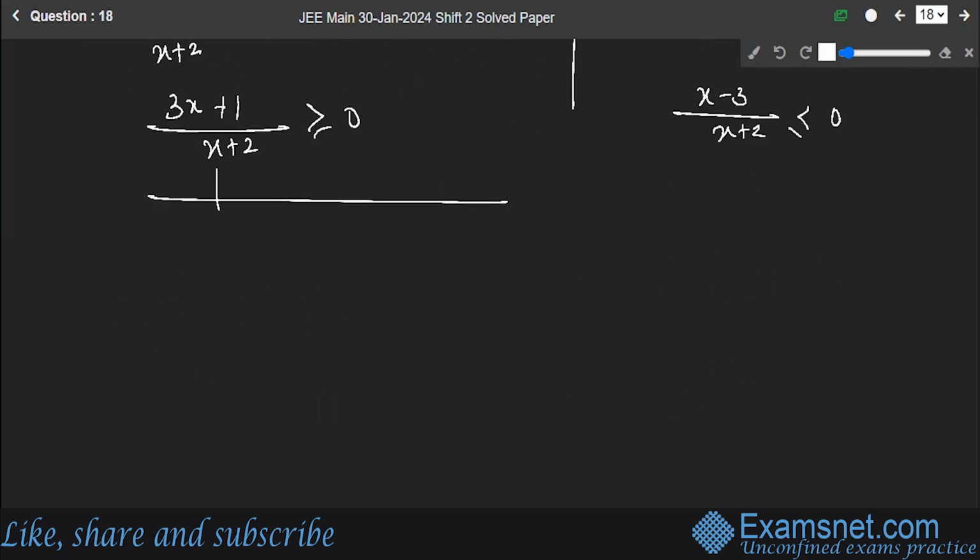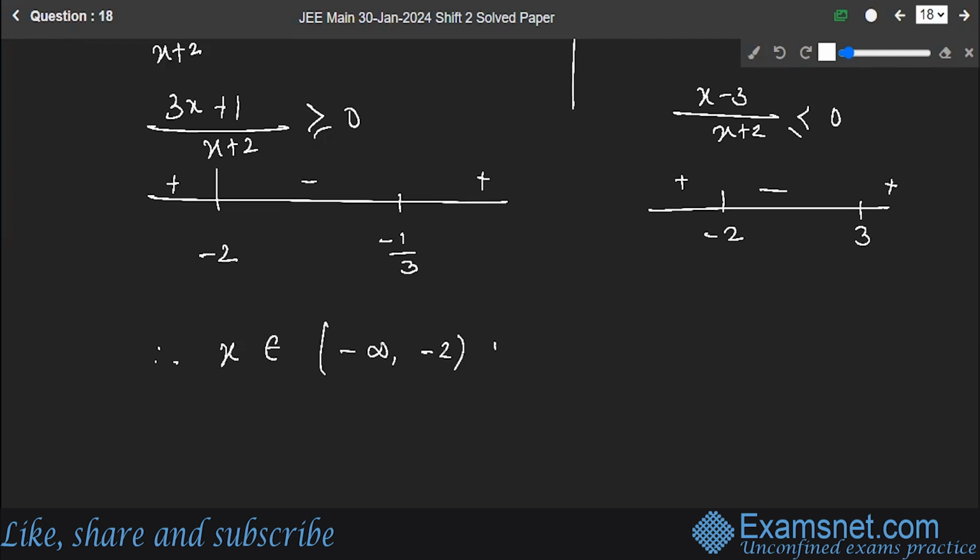Let's see how it changes. The two breaking points are minus 1 by 3 and minus 2. Here will be positive, positive, and then negative. So here the 3 and minus 2. So this is 3 and this positive, positive, and negative. Therefore, x belongs to minus infinity to minus 2 union minus 1 by 3 to infinity.